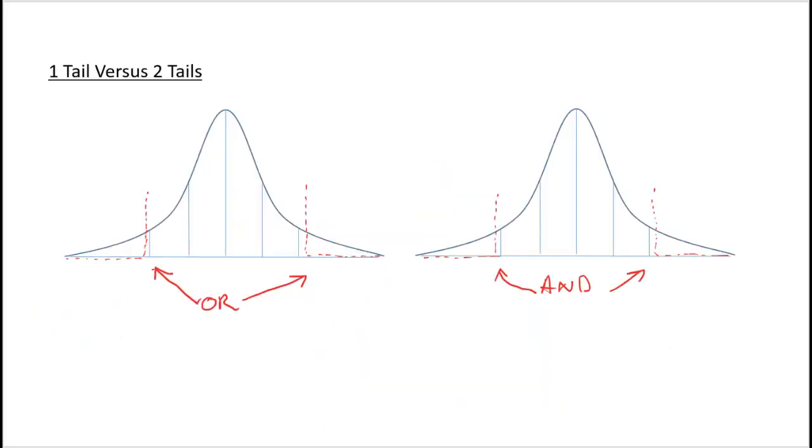Here you can plainly see why they call it a one-tailed versus two-tailed test. So with a one-tailed test, let me start with the example that we just did. With the baby walking example, we used a one-tailed test, meaning that we were considering a change in a negative direction to determine significance.